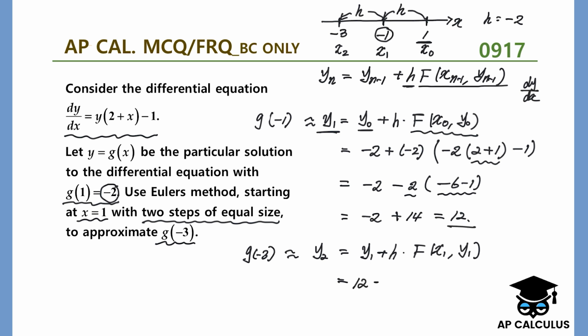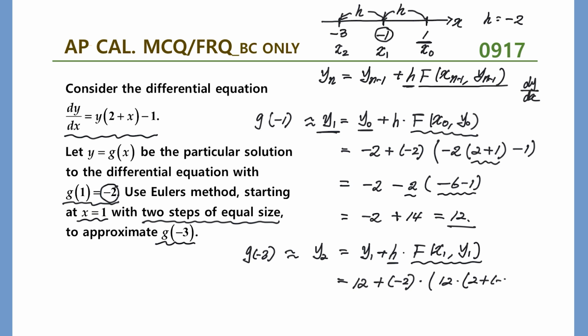So 12 plus step size h, -2, times the slope at (x1, y1). The slope is y1, 12, times (2 plus x1), that's -1, so 2 minus 1 is 1, minus 1.